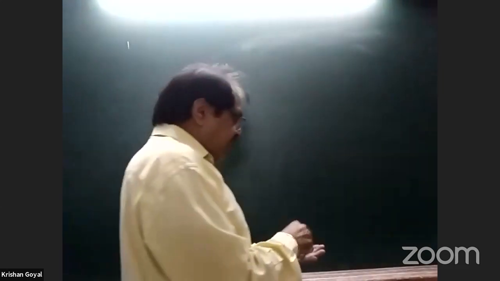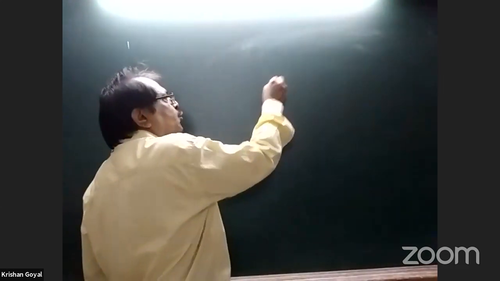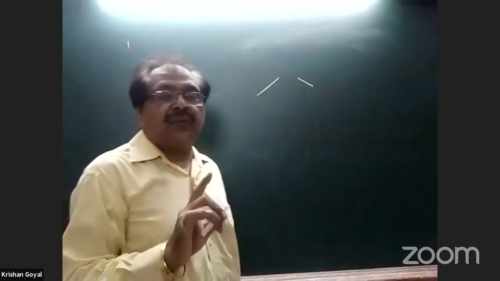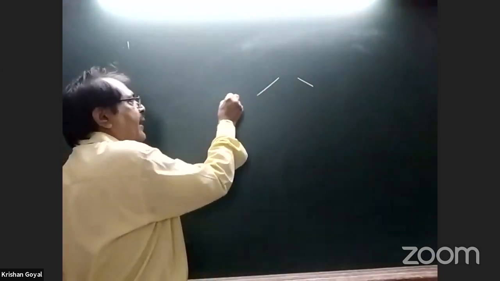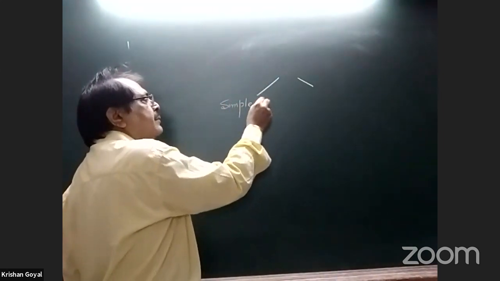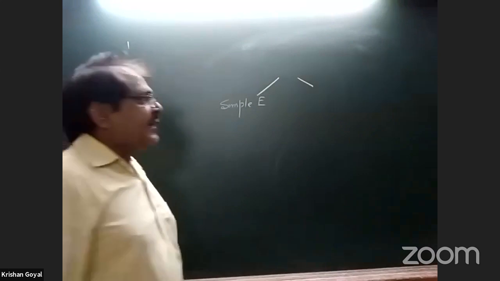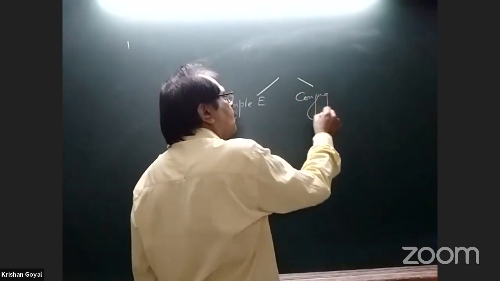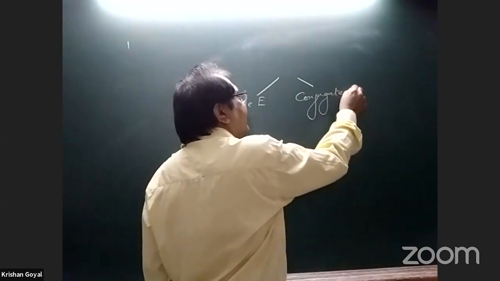Now, these enzymes are of two types. Understand it carefully, you are going to get a question out of it. One are called simple enzymes, and second are called conjugated enzymes.